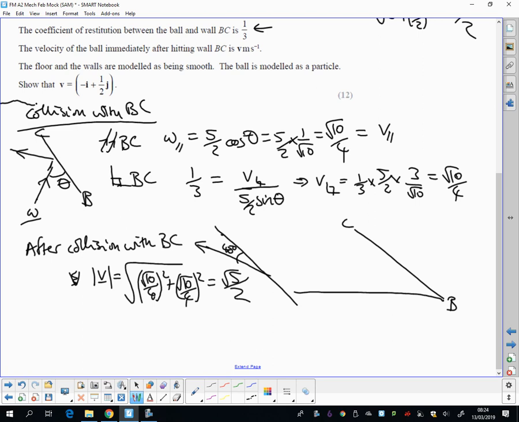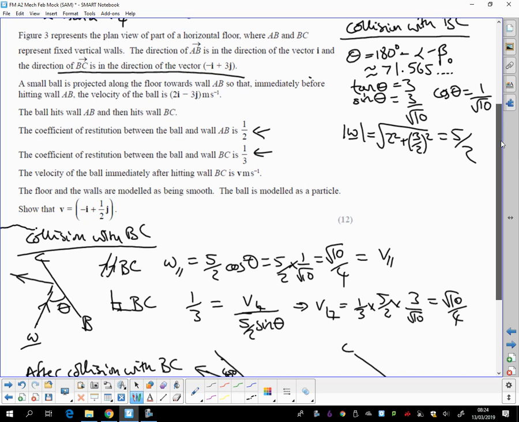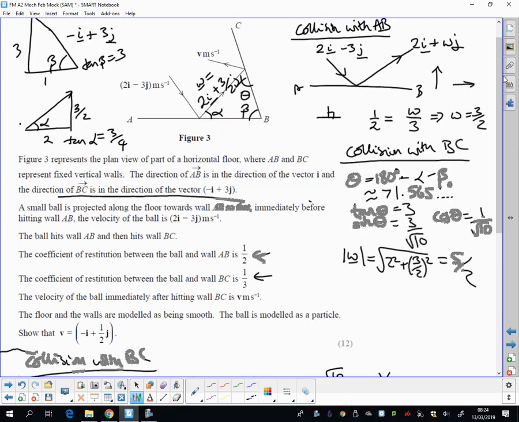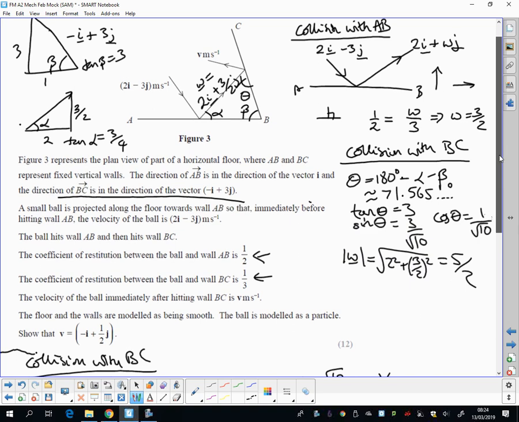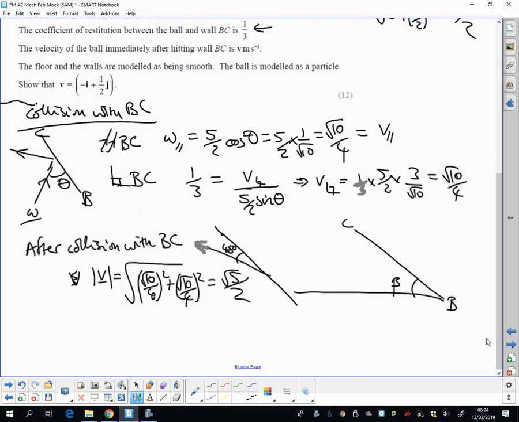If you remember in our original diagram, I called that angle beta. If we go back to our original diagram, you could work out using the direction of the wall that tan beta was 3. So there's our angle beta. Now we're moving away from the wall, and our angle relative to the wall is 45 degrees.